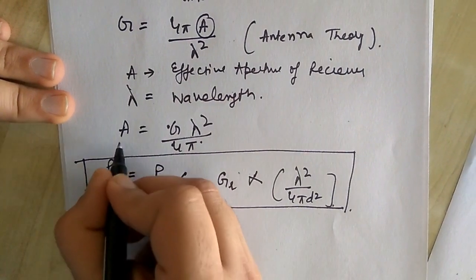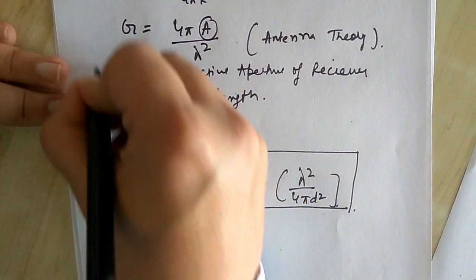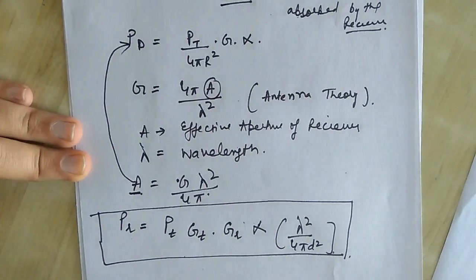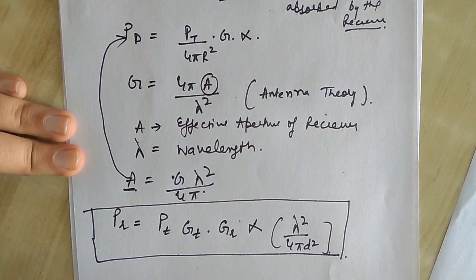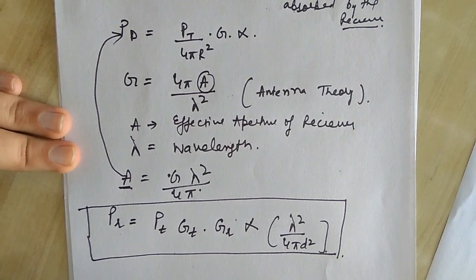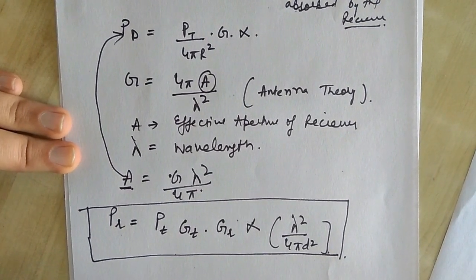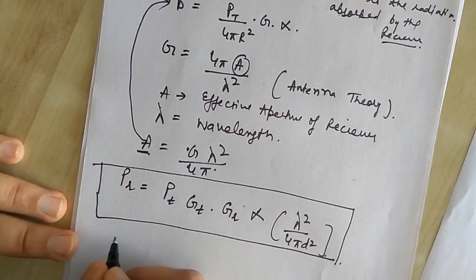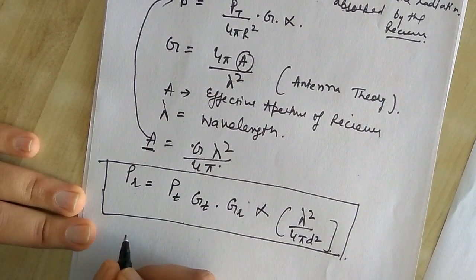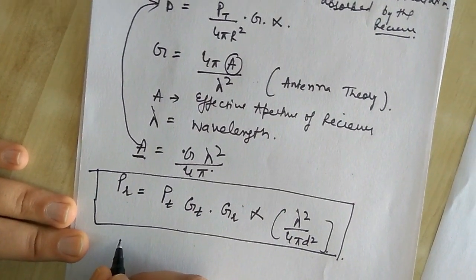If you put the value of A into this equation, we get the total power received by the receiving antenna. That is the actual free space equation of the receiving and transmitting antenna, which is used for the transmission of the signals.